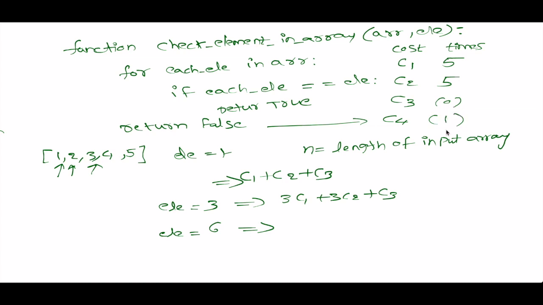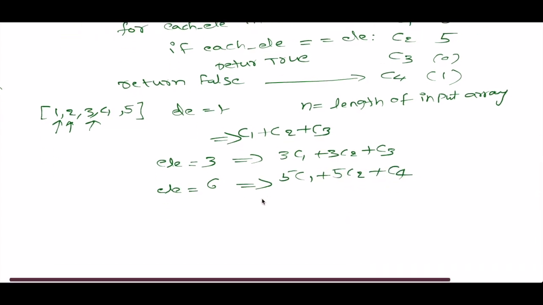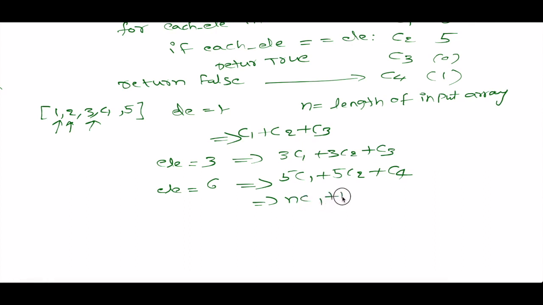And this 1. So we can say it is 5c1 plus 5c2 plus c4. So can we write this as n, because our length is, we said n, and so when we do this, n into c1 plus c2 plus c4.